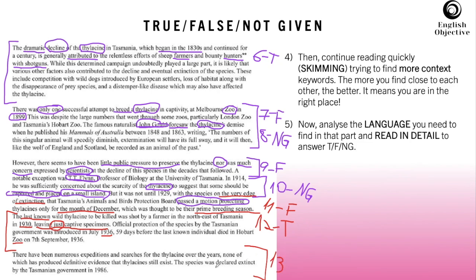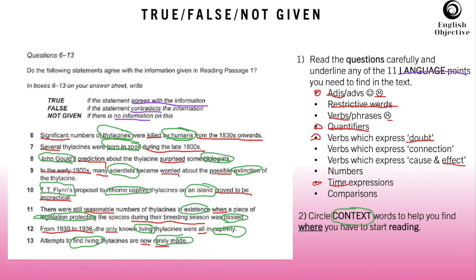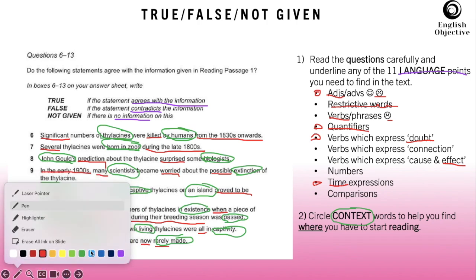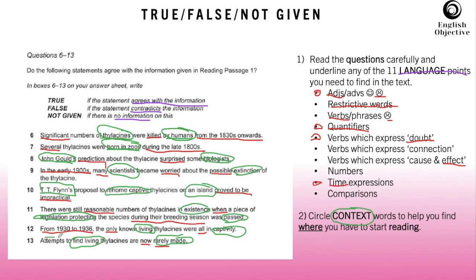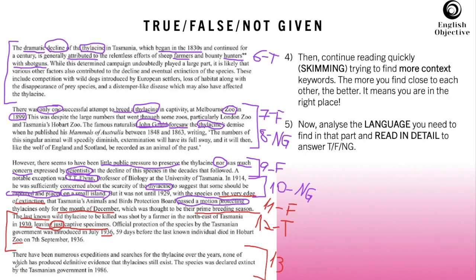Now, if I couldn't find any of the keywords, any of the words in green, then I would have to think that I missed it, and maybe the text is disorganized, so maybe it's not in order. So I would have to read from the beginning of the text again and see if I could find it. But for the moment, let's try and read in detail, looking for the keywords and the language points.